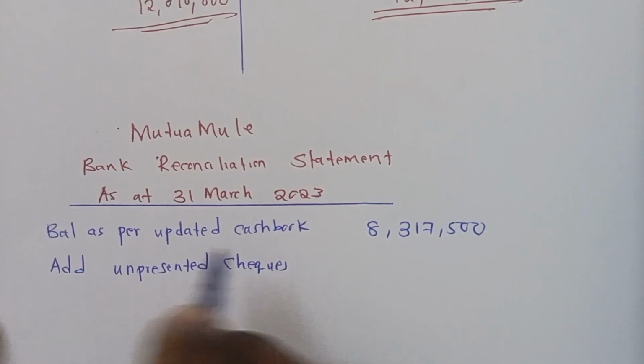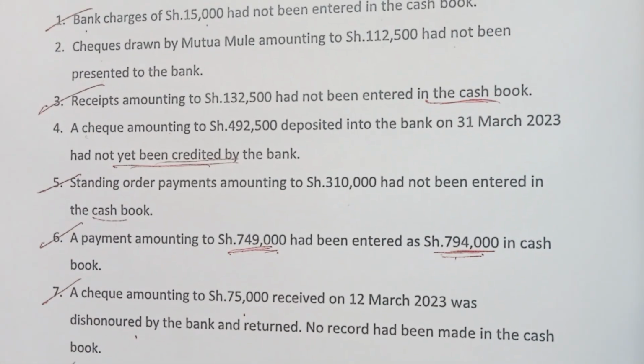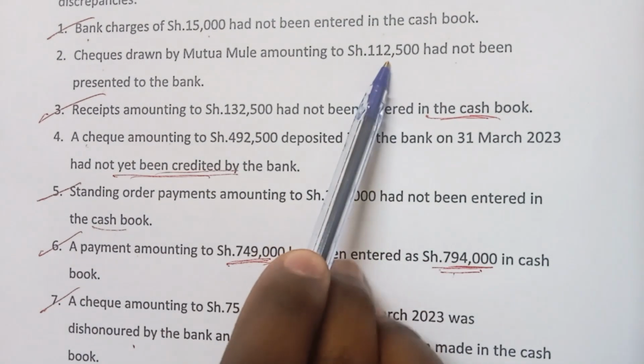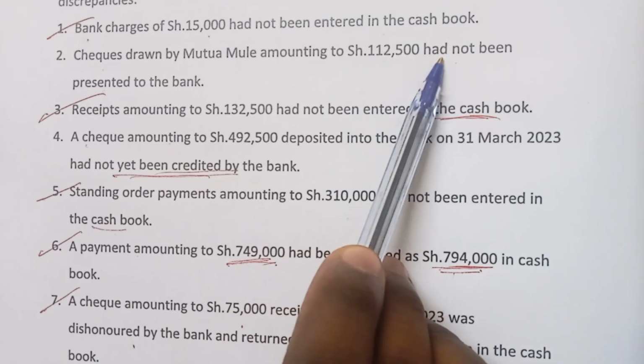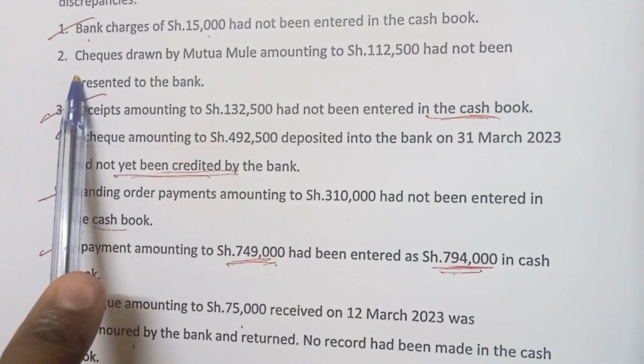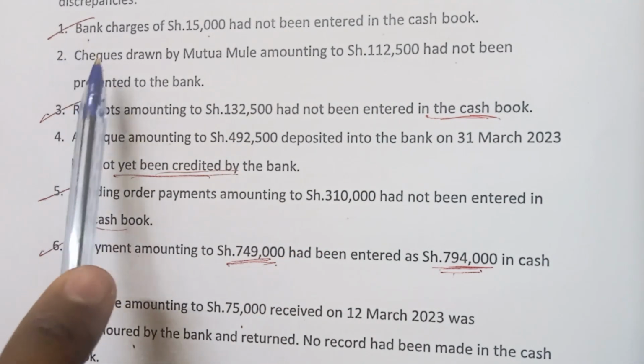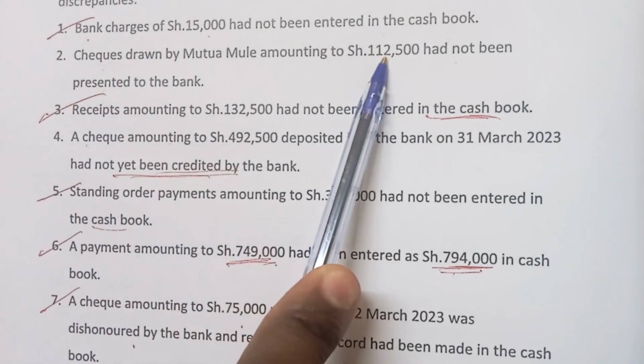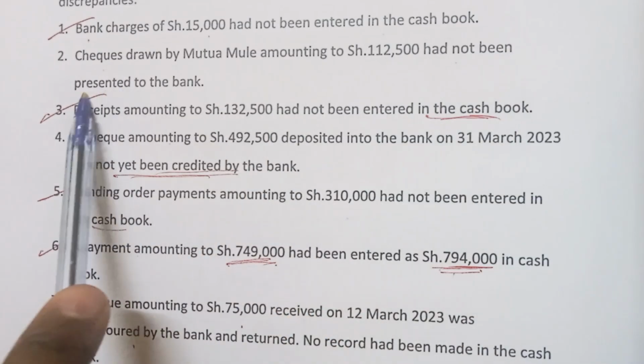In our question, the unpresented checks amount to 112,500 shillings, because item number 2 says checks drawn by Mutua Mule amounting to 112,500 shillings had not yet been presented.